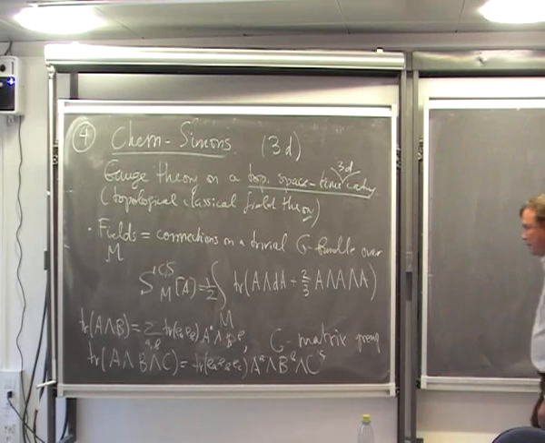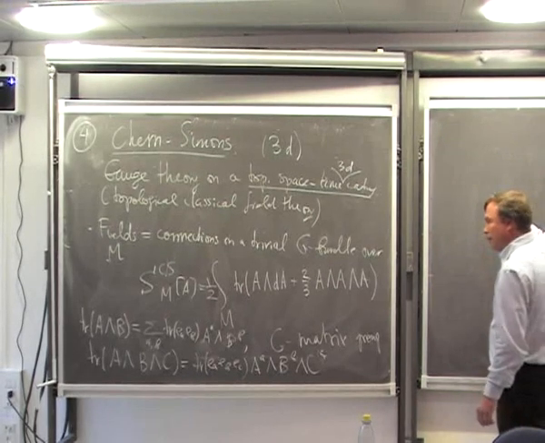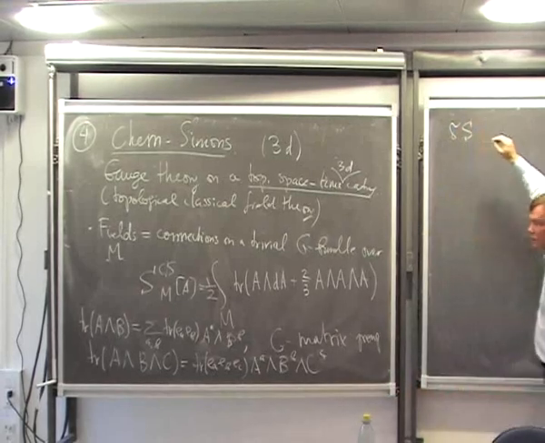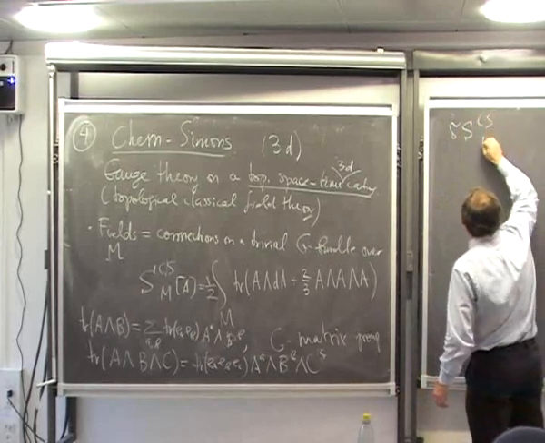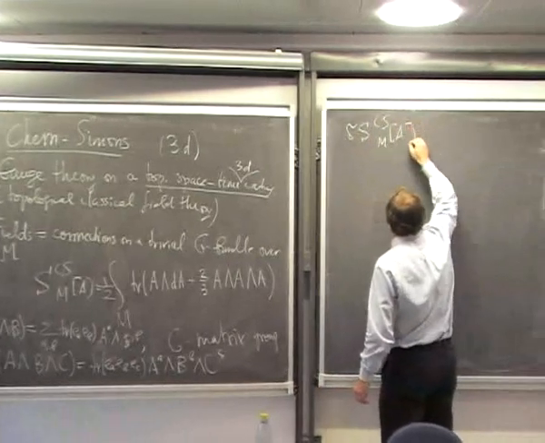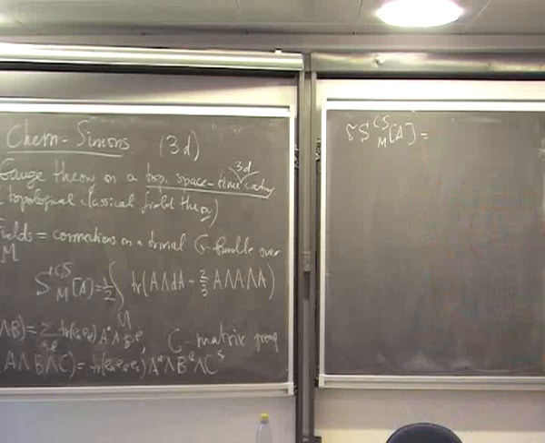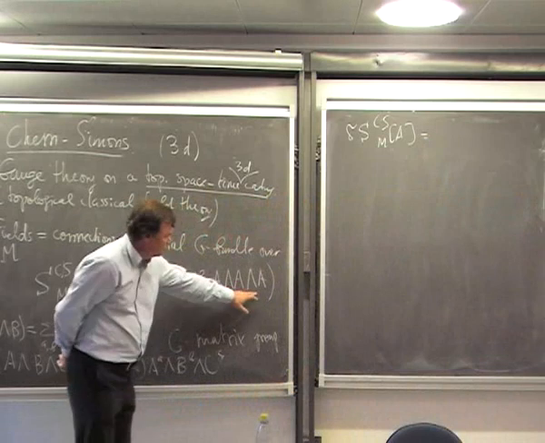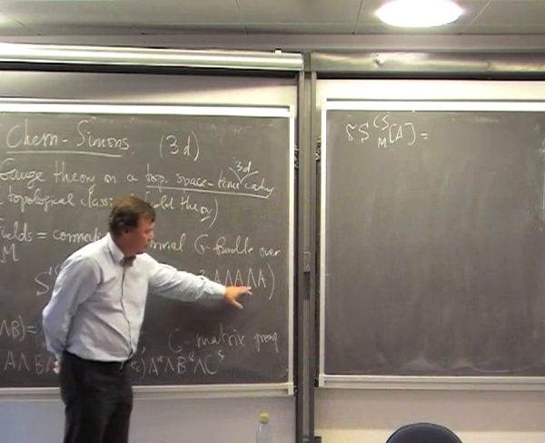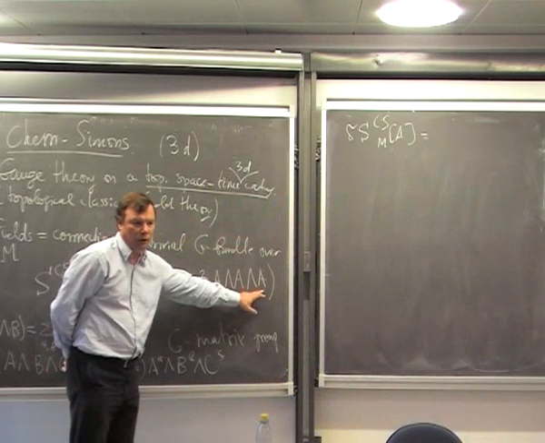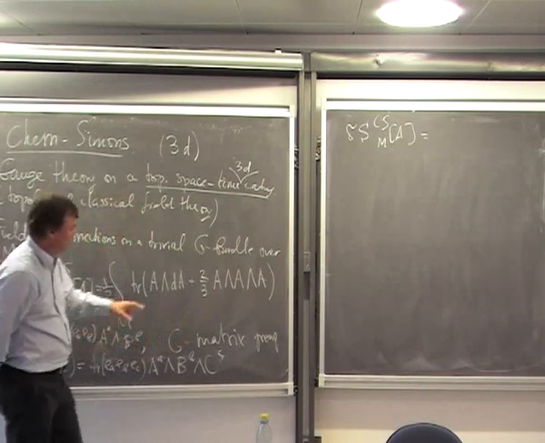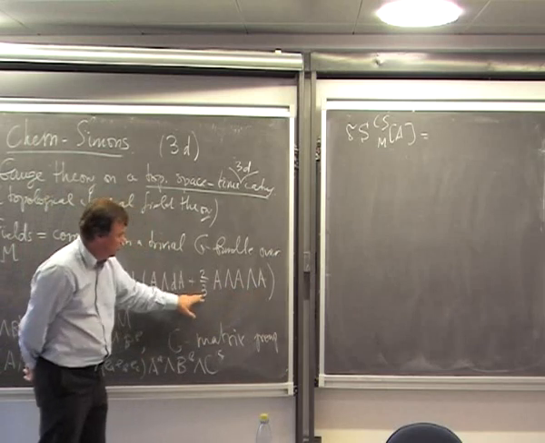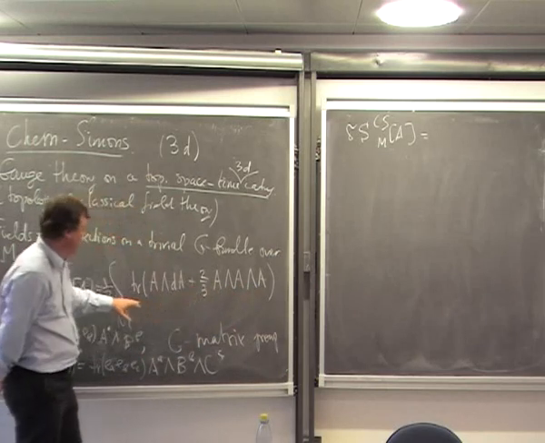So this is the action. Now let's look at its variation. So when we vary, this term will produce the quadratic term in A, and one factor will be the variation of A. And because we can take a variation of this, or this, this 1/3 will be cancelled.